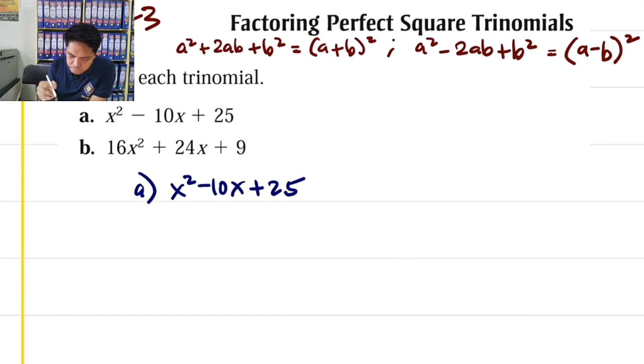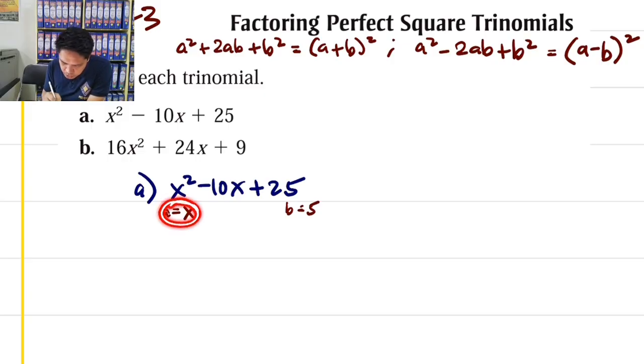Okay, now let's write our a here. Now our a here is x and b here is 5, because this should be x.